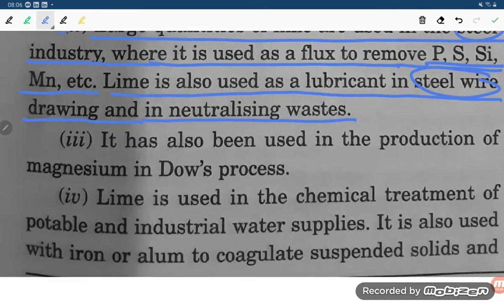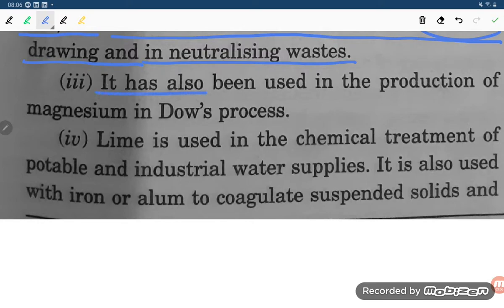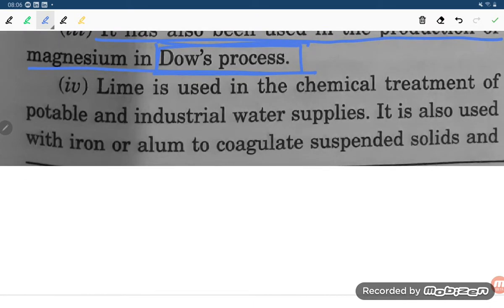It is also used in the production of magnesium in the Dow process.